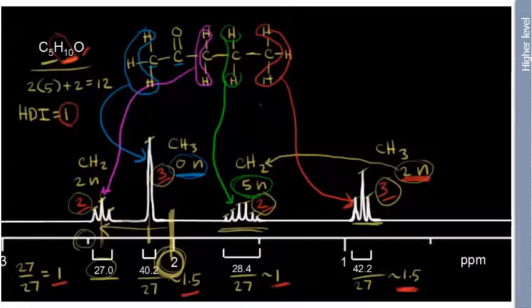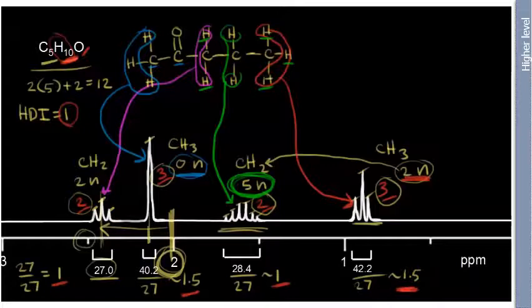Let's count them up: 1, 2, 3, 4, 5. So 5 neighboring protons matches what we see on the NMR spectrum. Now, those magenta and red protons are actually in different environments, so the simplified version of the n+1 rule isn't quite true, but it works for this example. We're going to go with it because all we care about is getting the structure of our molecule here.